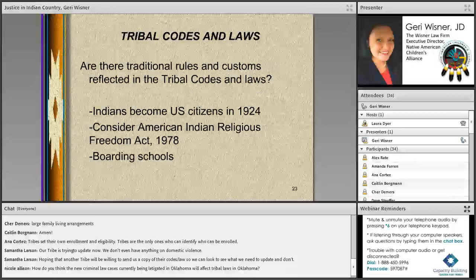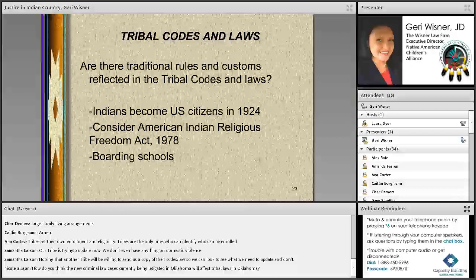Okay. We polled this a little bit earlier, but I'm always curious. Are there traditional rules and customs reflected in the tribal codes and laws? Now, I think the poll showed that some of you said that there are some of the tribal customs that are reflected in the laws.